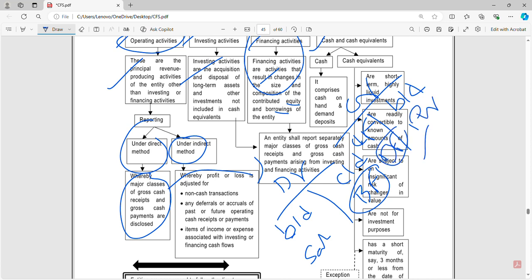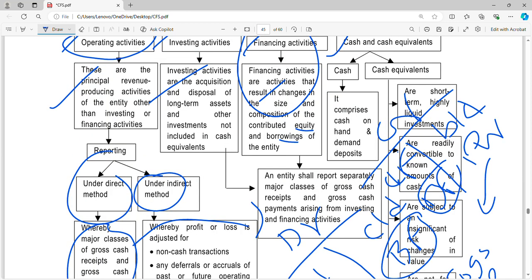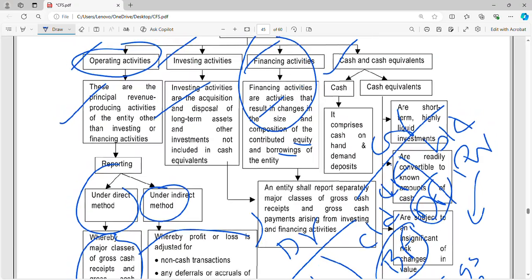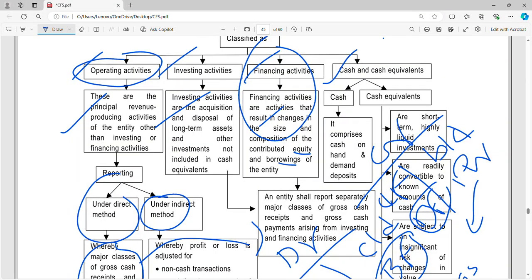For that we take purchase equal to cost of goods sold: whatever the cost of goods sold or cost of sales, we deduct the opening stock and add the closing stock, and we will get the purchase. We will show that purchase on the credit side of the creditors ledger account, then we will get the bank or cash balance as the balancing figure. This will be taken into operating activity.